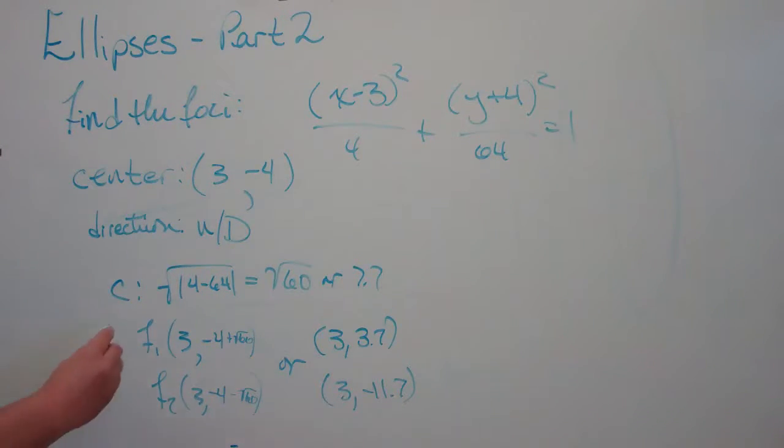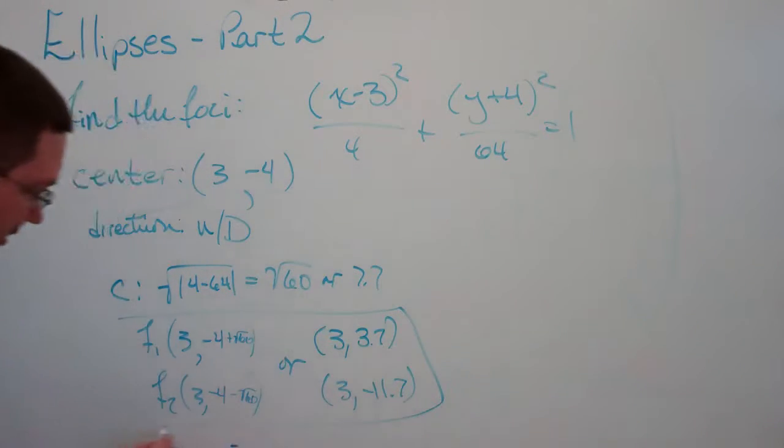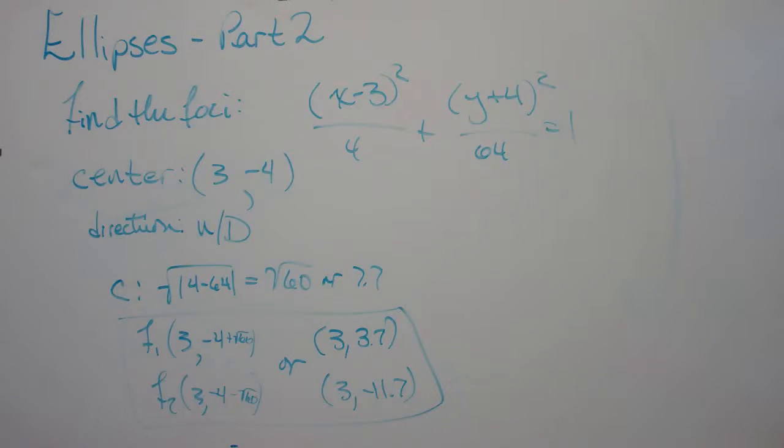I would take either one as the correct answer. So you just find C, and then you simply add and subtract it from either your x or your y, depending on the orientation of the ellipse.